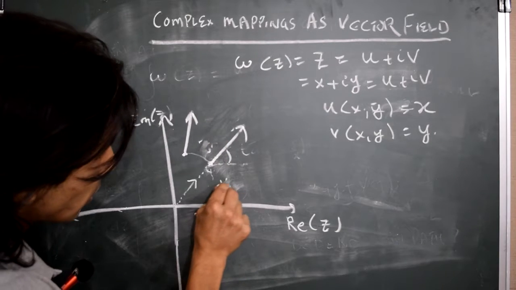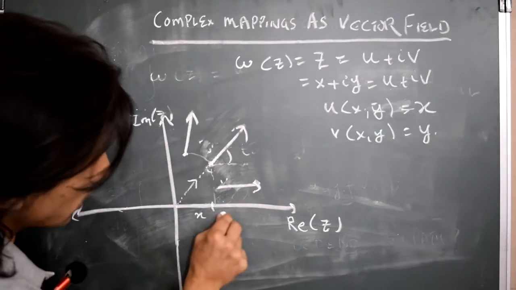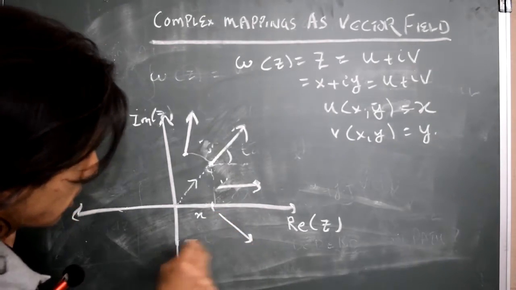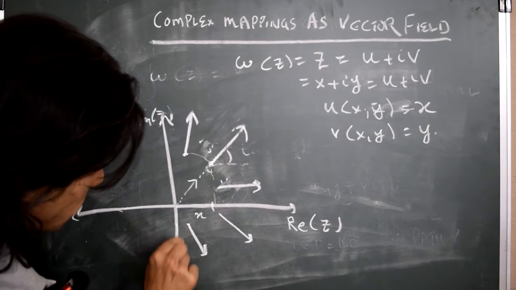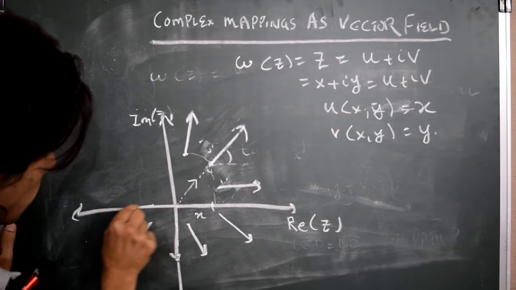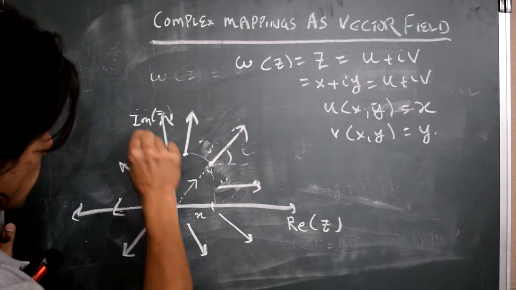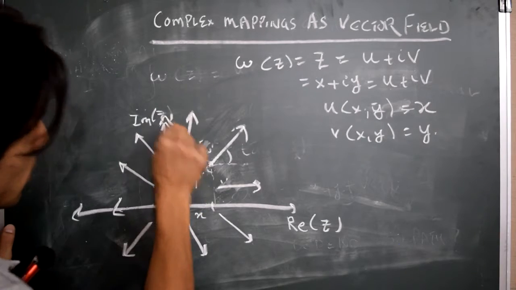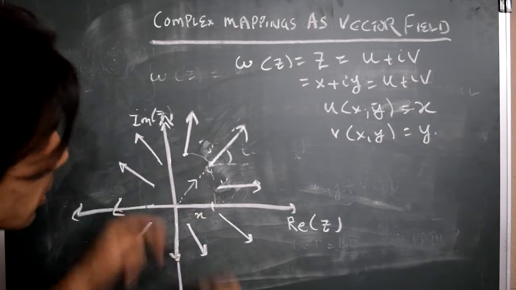And likewise, if we move along these circles, we'll keep drawing arrows in this form. So that's one set of arrows that we draw, let's say, around this circle.